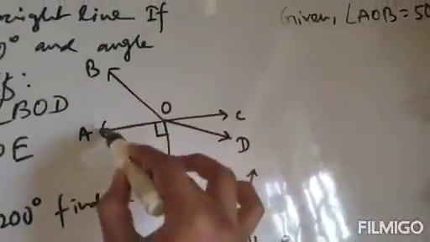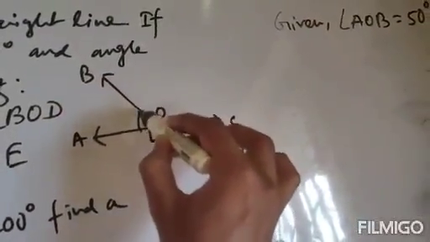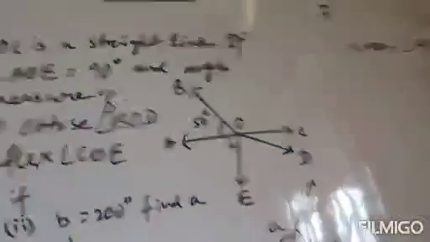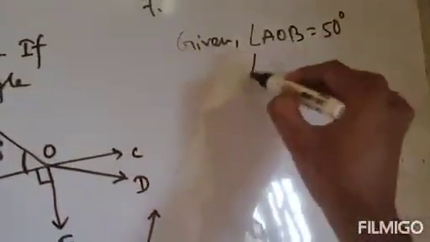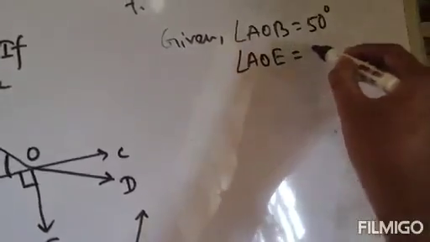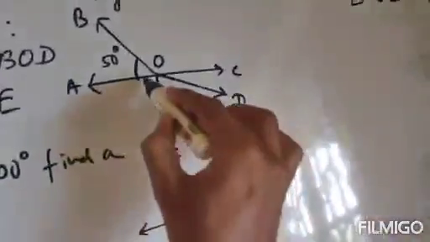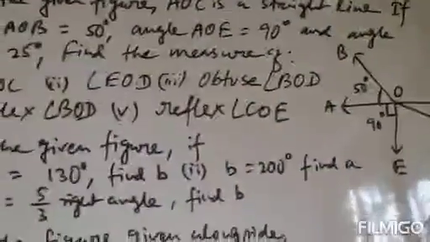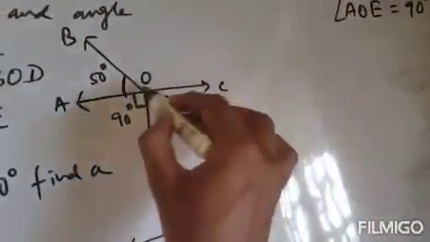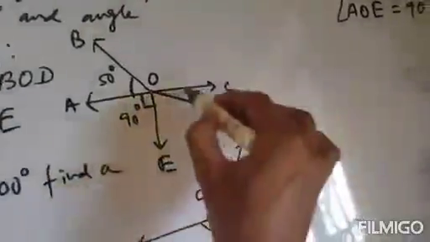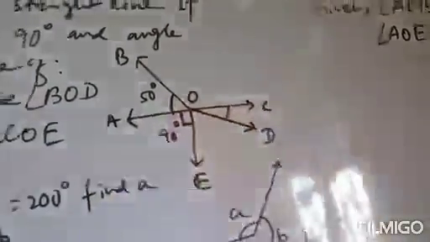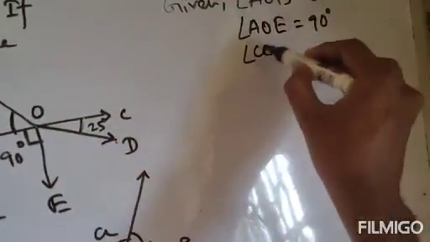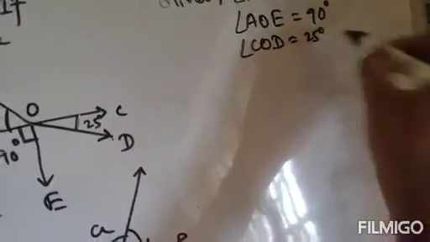Next, angle AOE is given as 90 degree. Next, angle COD is given as 25 degree.